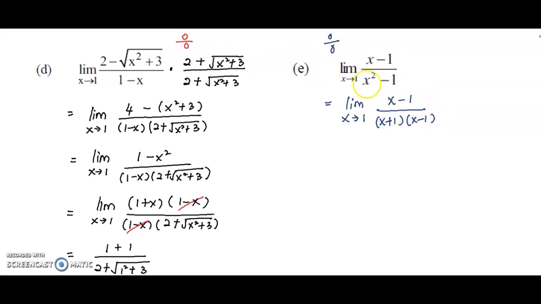After that, you can see that the x minus 1 can be cancelled off. Then lastly, you will have a limit, x approaches 1. The function becomes 1 over x plus 1. So now you can just use the substitution method. Substitute, you will have 1 over 2. That will be the answer.